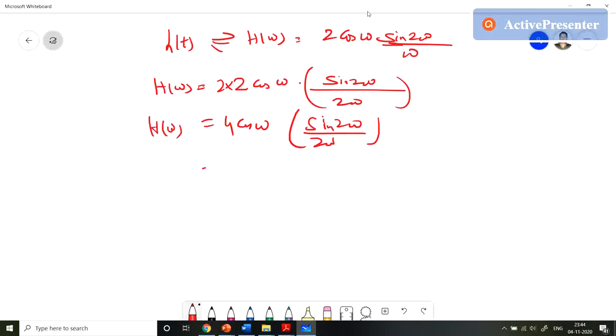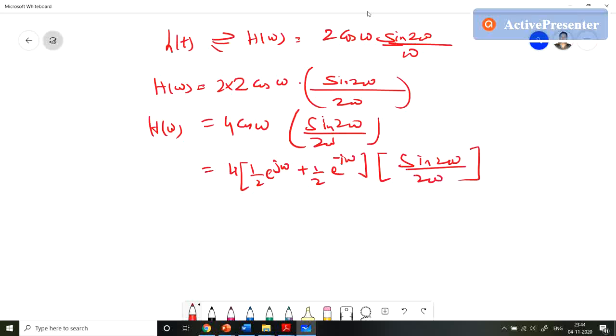This is H(omega). So we can just write it as 1 by 2 e raised to the power j omega plus 1 by 2 e raised to the power minus j omega, multiplied by sine 2 omega divided by 2 omega. So let us concentrate on this term, that is H1(omega). So let H1(omega) be equal to sine 2 omega divided by 2 omega.